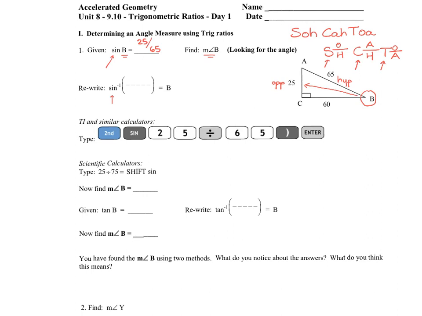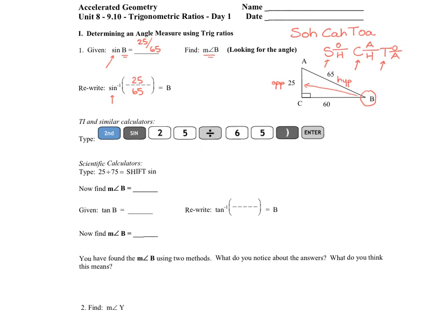So while taking the trig function of an angle gives you the relationship of the two sides, taking the inverse trig function of the relationship of the two sides will give you the angle measure. So if I take my original problem of sine B equals 25 over 65 and take the inverse sine of both sides, I get inverse sine of 25 over 65 equals B.